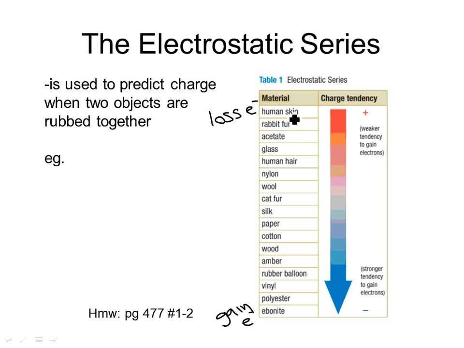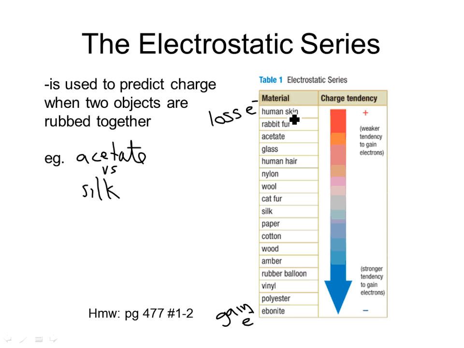So in my example, if I were to take some acetate, and acetate is just a fancy name for a type of plastic that we use for overhead projectors, and I were to rub that up against some silk, right? And you can think of it like a battle. I put the acetate up against the silk, and I rub them, and I generate a static charge.